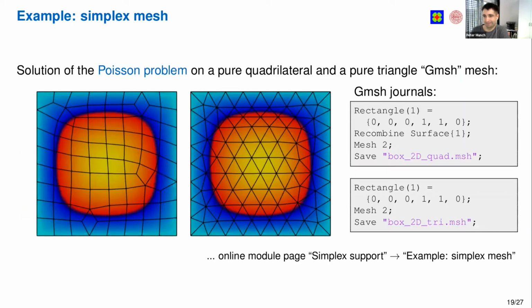And instead of simulating that on a mesh of quadrilaterals, you would like to simulate it on a mesh of triangles, like in this case. And we have provided you with an example. We provided you a ported step 3.